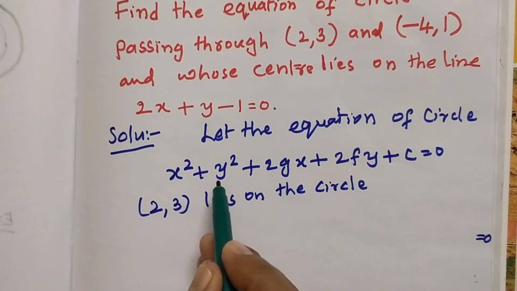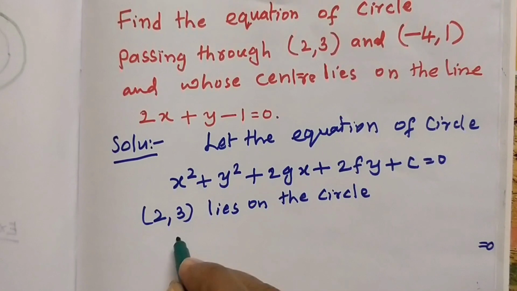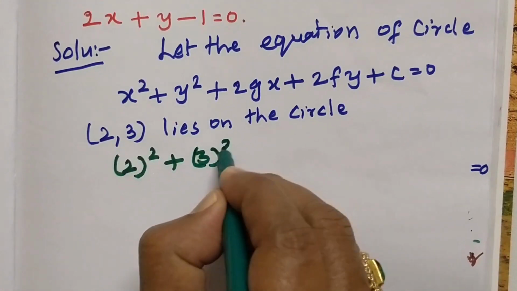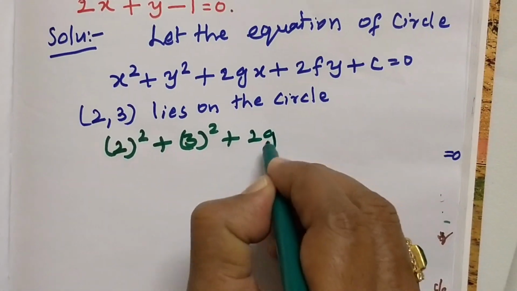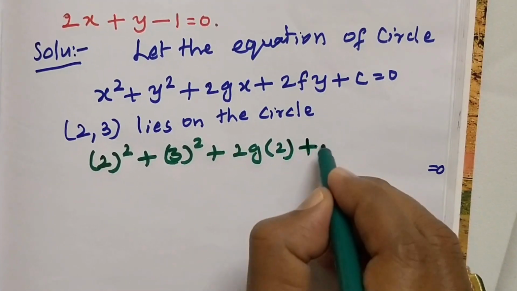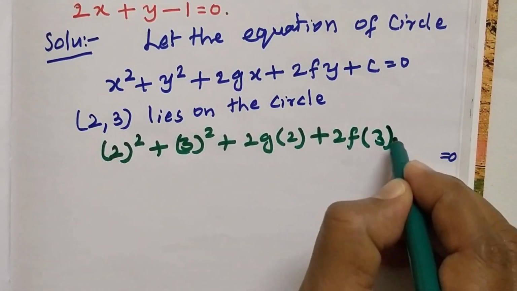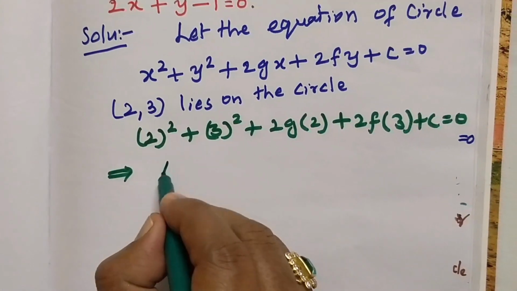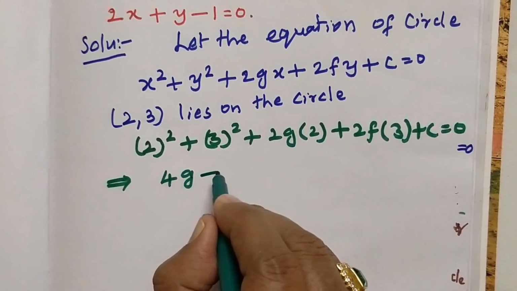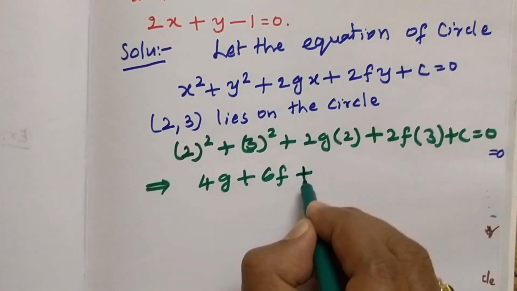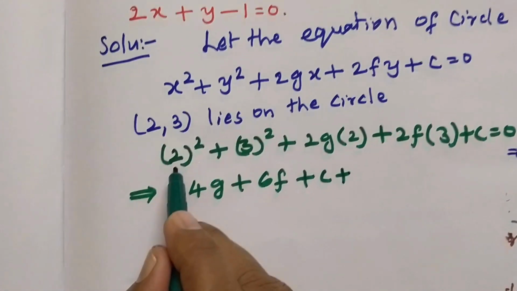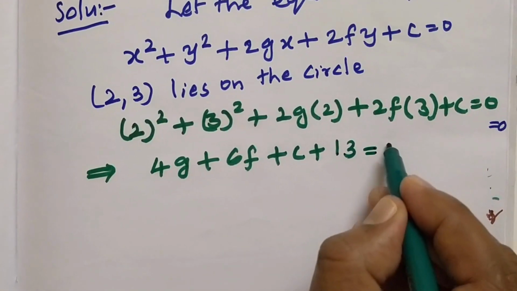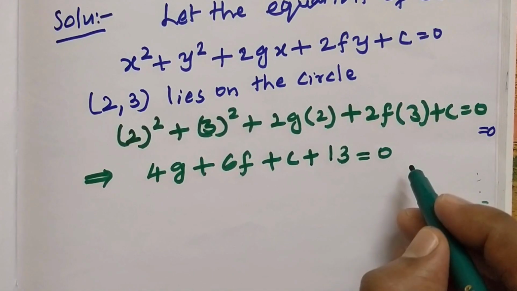This becomes 2 square plus 3 square plus 2g into 2 plus 2f into 3 plus c is equal to 0. That is nothing but 4g plus 6f plus c plus 4 plus 9, which is 13, is equal to 0. This is my first equation.